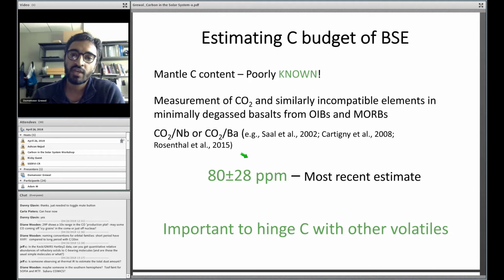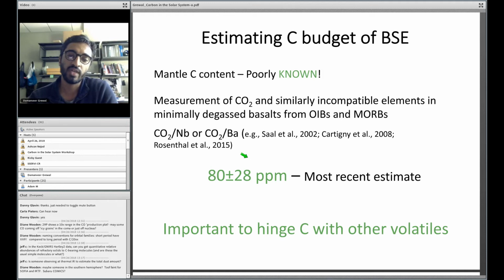If the mantle is heterogeneous, both of these sources could have different amounts of carbon, and the net amount of carbon in the bulk mantle would depend upon the proportion of these sources in the whole mantle reservoir. Taking into account all these complexities, people have come up with a number: the carbon content in the bulk silicate Earth reservoirs is approximately 80 ppm.